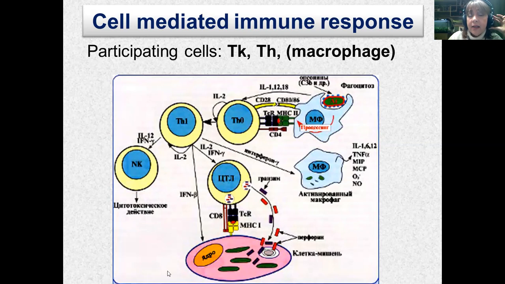T killers recognize the microbial antigen at the surface of the target cell and produce special proteins, granzymes and perforins, which damage the cellular membrane and kill the target cell with pathogenic bacteria or viruses inside it. Adaptive immune response is always specific, directed against certain bacteria or virus.